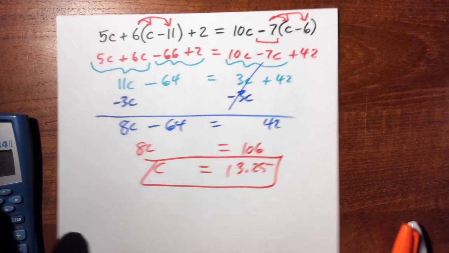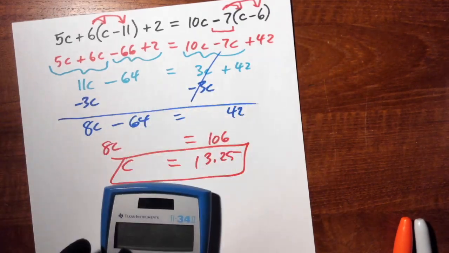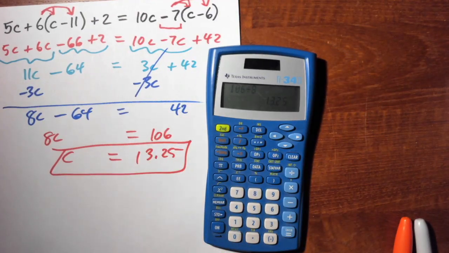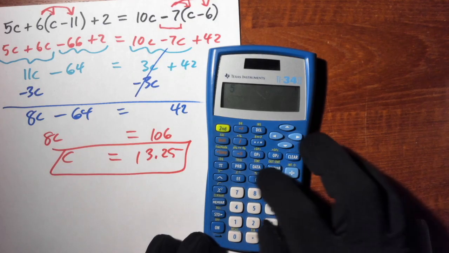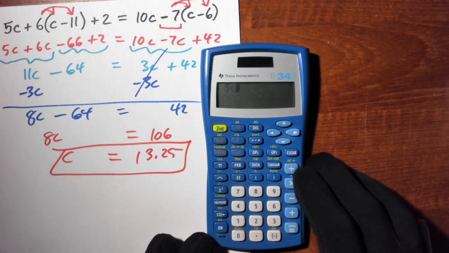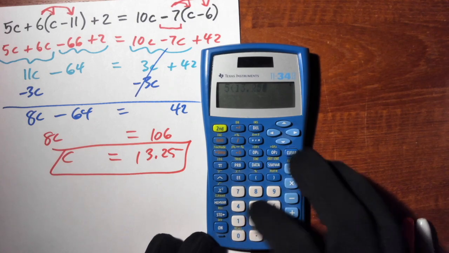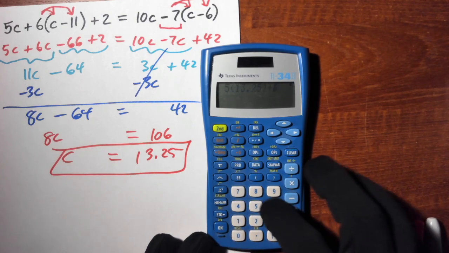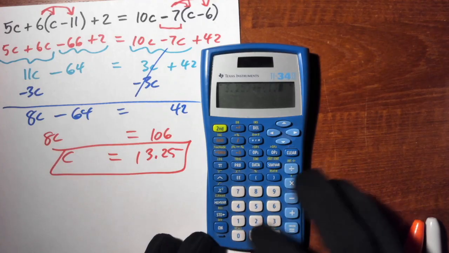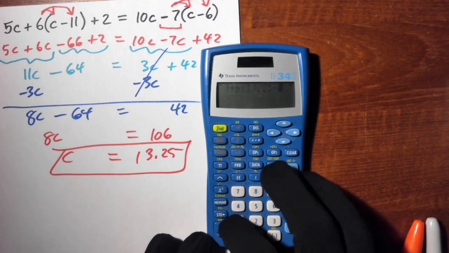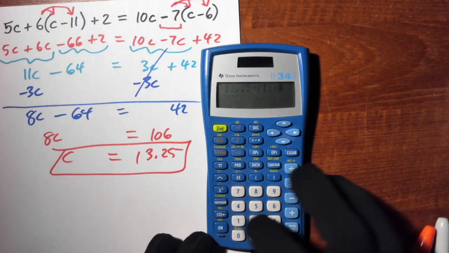I can check and see if this actually works. In my original equation, we've got 5 times 13.25 plus 6 times 13.25 minus 11 plus 2.